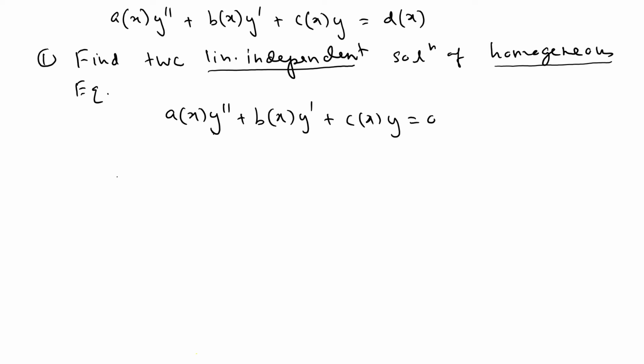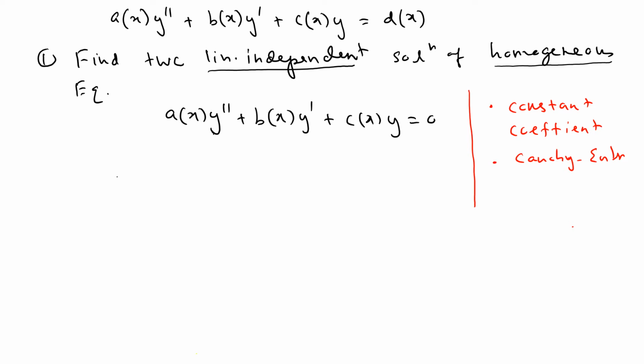When you look at this differential equation, this can be several different types. For example, this can be constant coefficient, because a(x), b(x), c(x) can be constants. This can even be a Cauchy-Euler type. So it can be one of those types.